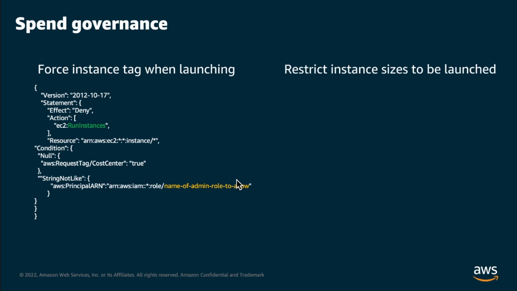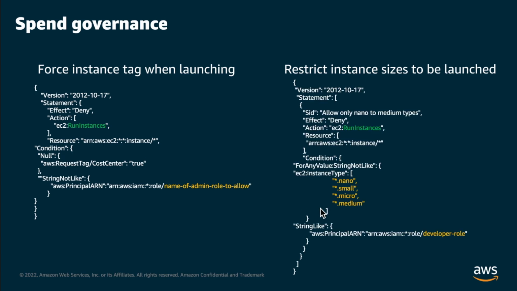Another one is to cut costs by not even having them, so blocking the origin of the costs. So in this case, you're going to allow customers to create instances, any instance type, but like nano, small, micro, and medium, and not let them do large. It could depend on the account type, like a developer account type, so you can use this kind of logic.